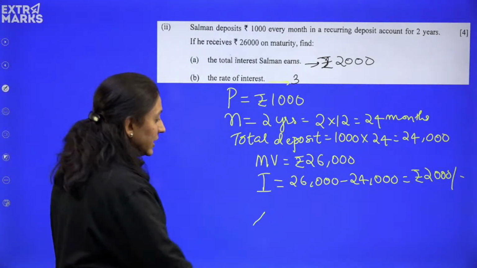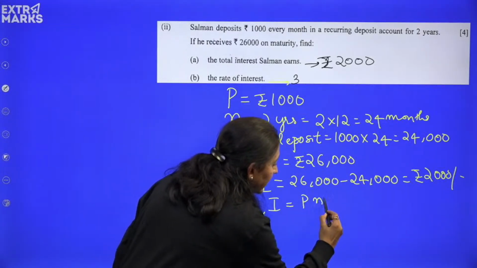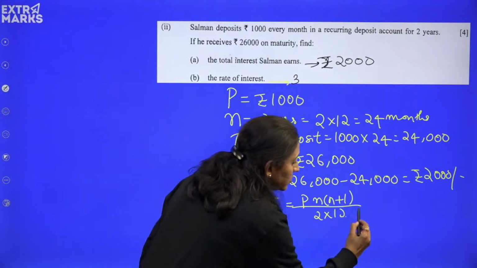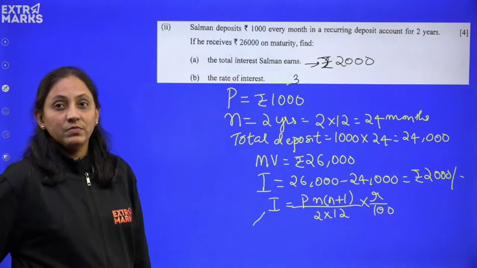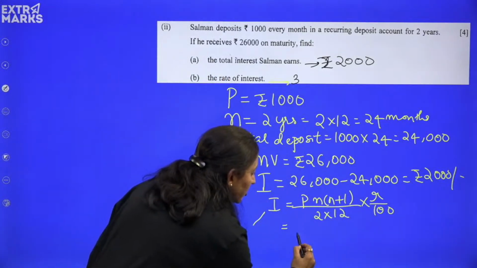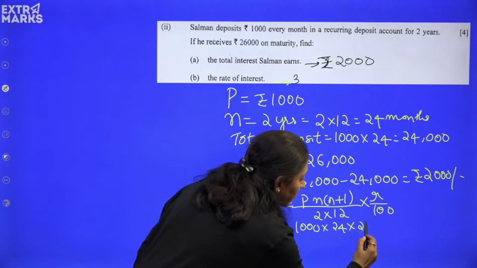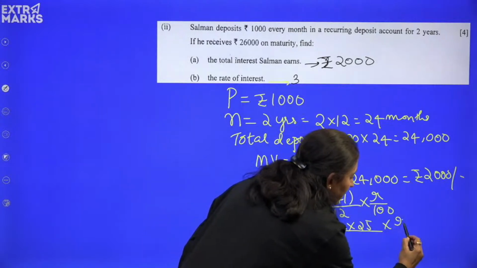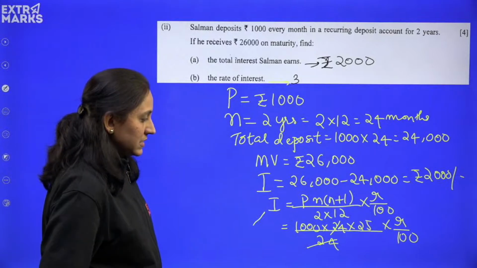Okay, so we know that interest is given by P n into n plus 1 upon 2 into 12 multiplied by r by 100. So when we substitute here, this becomes 1000 multiplied by 24 into 25 upon 24 into 12 multiplied by r by 100. 24 gets cancelled.